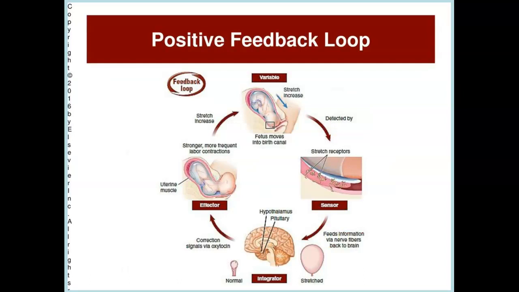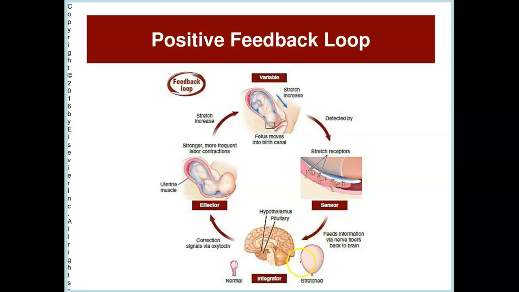Positive feedback is a little bit different. This happens during childbirth. As the baby gets big enough, there's pressure put on the interior of the cervix in the female reproductive system. It's detected by stretch receptors, and that information goes to, again, the hypothalamus and actually the pituitary here.